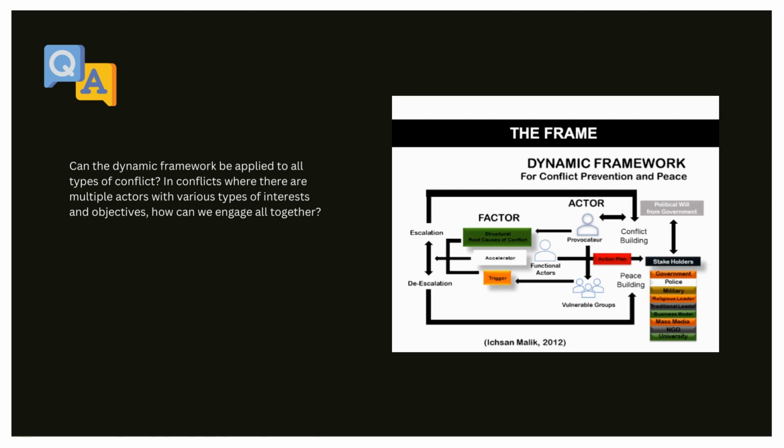But in the process, you see in the dynamic framework that the provocateur group has a strong relationship with the vulnerable group. And the vulnerable group cannot hear the voice of the functional actor. They only hear and follow the provocateur group.